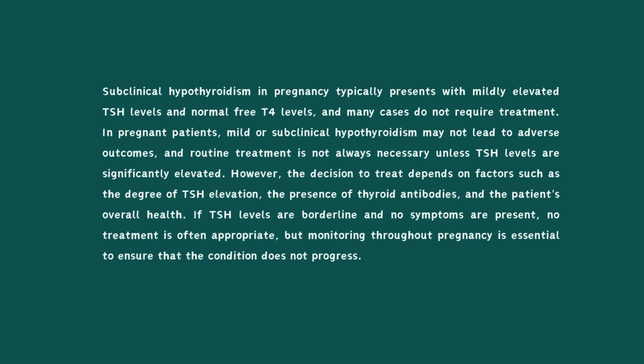However, the decision to treat depends on factors such as the degree of TSH elevation, the presence of thyroid antibodies, and the patient's overall health. If TSH levels are borderline and no symptoms are present, no treatment is often appropriate, but monitoring throughout pregnancy is essential to ensure that the condition does not progress.